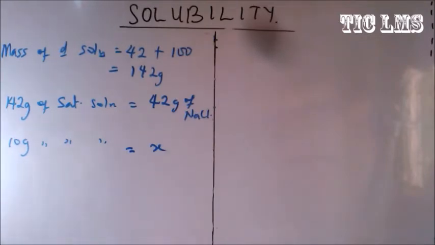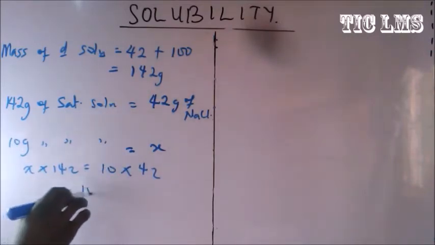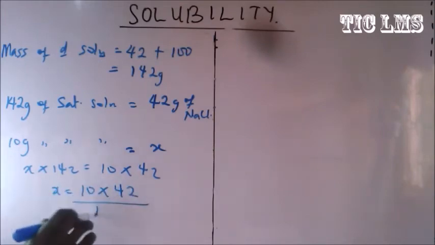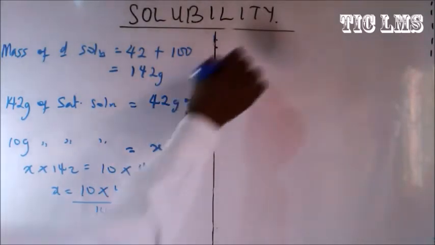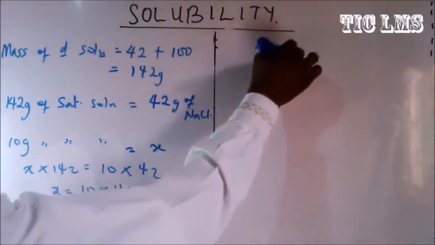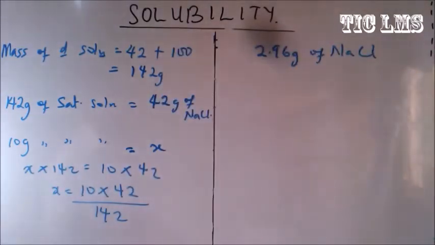And so we cross multiply, that is x multiplies 142 equals 10 times 42. So we have x equals 10 multiplied by 42 over 142. And that gives 2.96 gram of sodium chloride in 10 grams of the saturated solution.